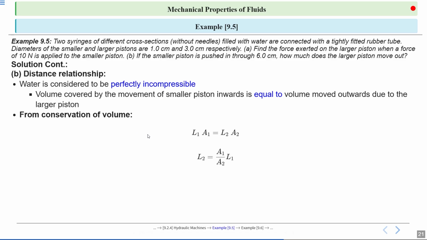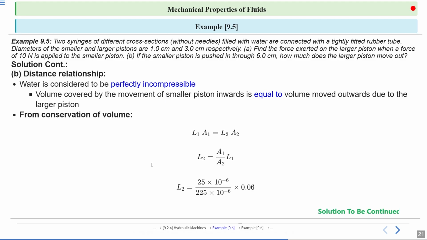So L2 equals A1 divided by A2 into L1. Now substituting the values of the areas and the distance moved by the smaller piston, we have L2 equals 25 into 10 raised to the power minus 6 divided by 225 into 10 raised to the power minus 6 into 0.06.